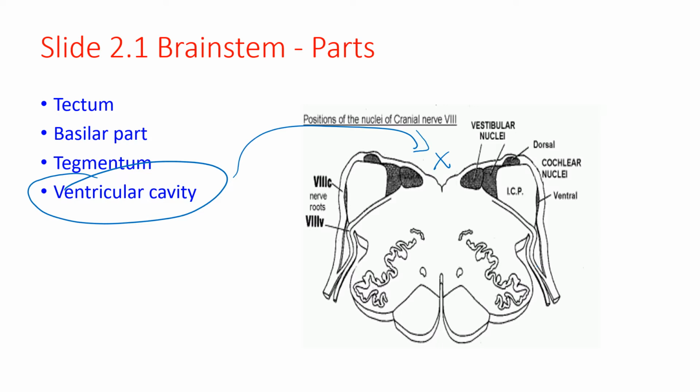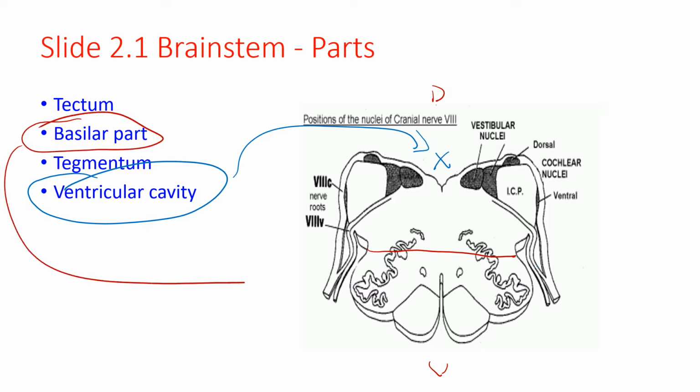Then we can take the brainstem and divide it into three parts. So if this is dorsal on this cross section and this is ventral, we can take the lower 1/3, and the lower 1/3 is going to be the basilar portion of the brainstem.